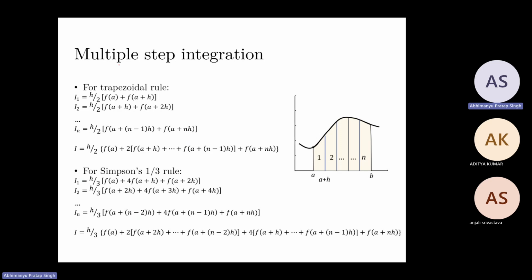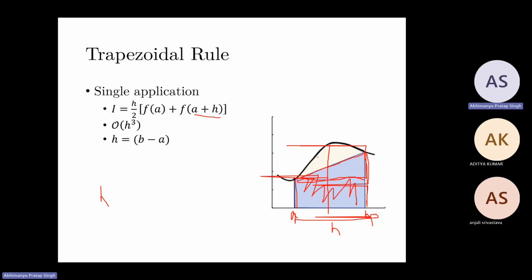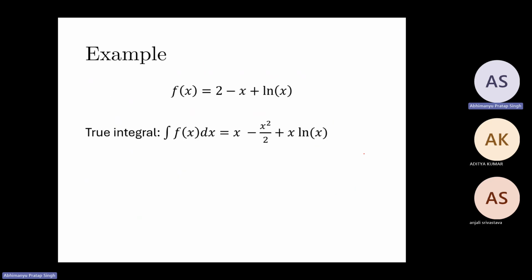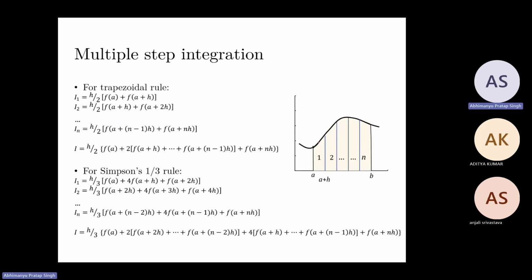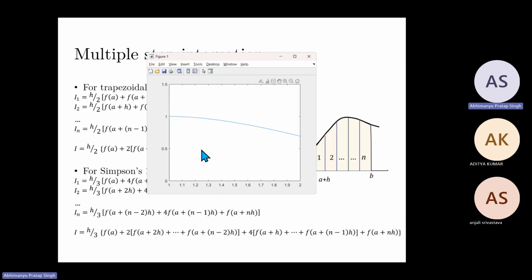If we go into multi-step integration, right now what we were doing is trying to approximate the entire curve using only these 2 points. But if we approximate using multiple points, we divide those points into multiple intervals.